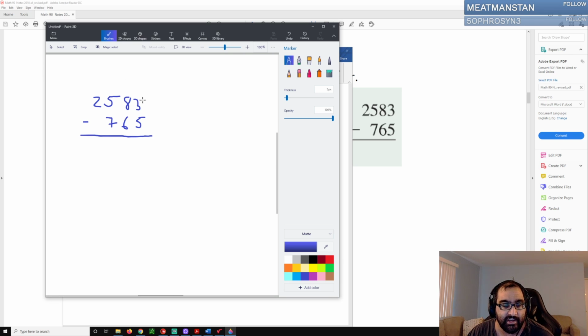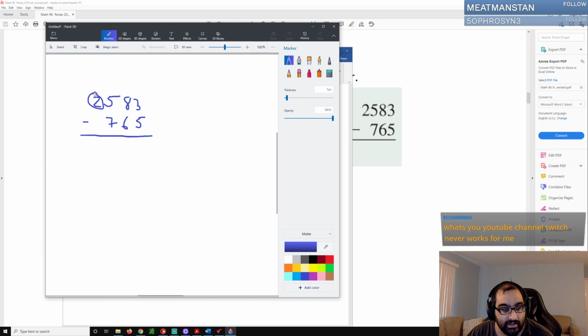In this case, we're going to use front-end rounding. So we're going to round this first digit we see here. I'm going to round the 2 and then look at the 5. I'm also going to do the first digit for this second number, so I'll circle the first digit and then underline the 6.